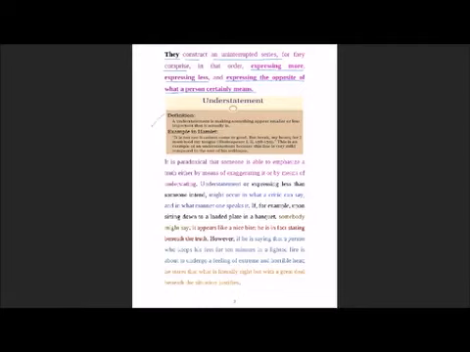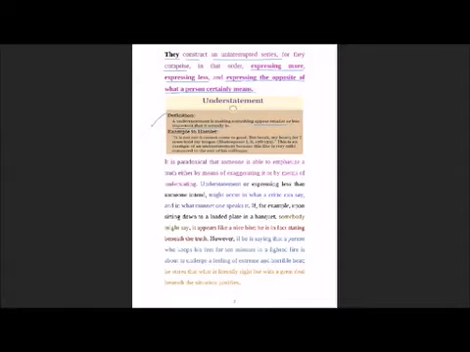Look at the definition of understatement in this picture. Understatement is making something appear smaller or less important than it actually is.